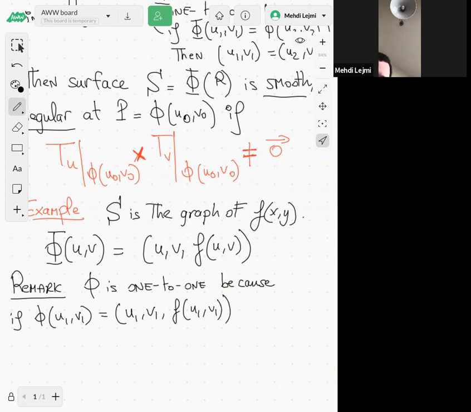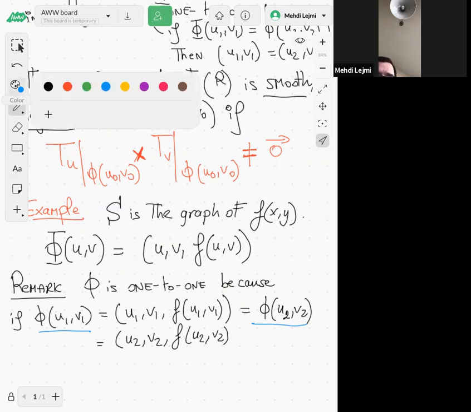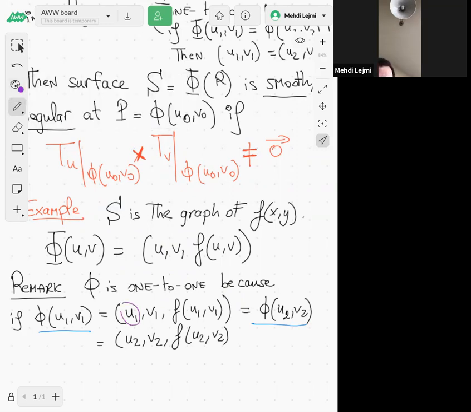So if this is equal to f of u2, v2, which is, by definition, u2, v2, f of u2, v2, right? So these two points have the same image by the function phi. So if the images are equal, then this first component is equal to this first component. So u1 is equal to u2, and then you see v1 is equal to v2.